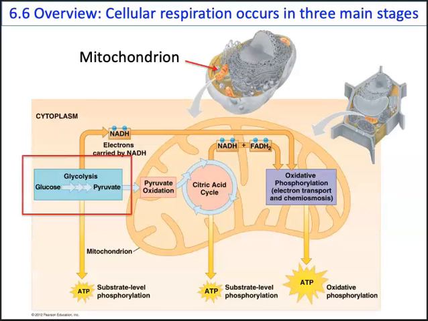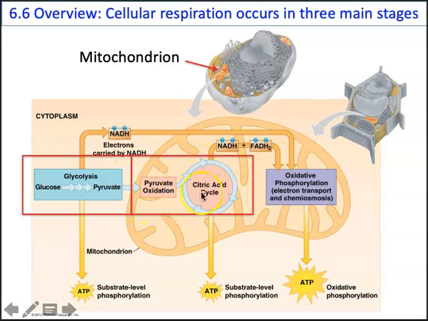Glycolysis is the first stage. That happens in the cytoplasm. And what happens here is that glucose gets split into 2 molecules of pyruvate, and then that pyruvate travels into the mitochondrion and undergoes oxidation here. Oxidation, remember that's losing electrons.